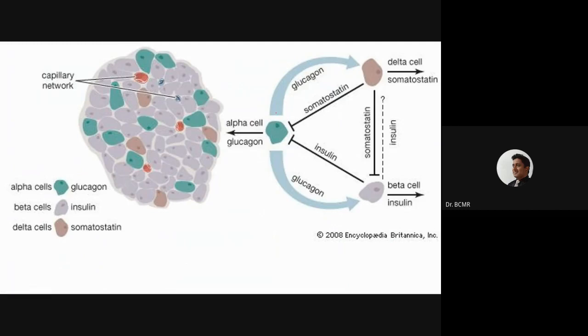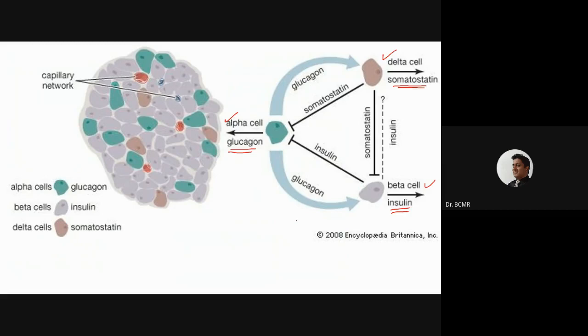So there is a kind of regulation between these three different cells: the alpha cell, the beta cell, and the delta cell. The alpha cell produces glucagon, the beta cell produces insulin, and the delta cell produces somatostatin. These three have an inhibitory effect on each other's cell type.